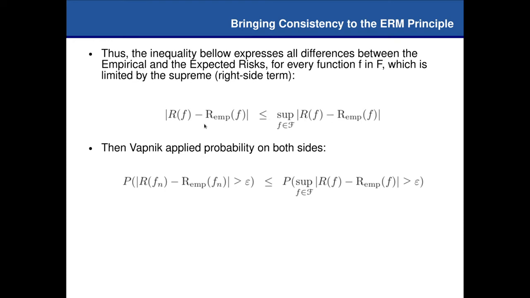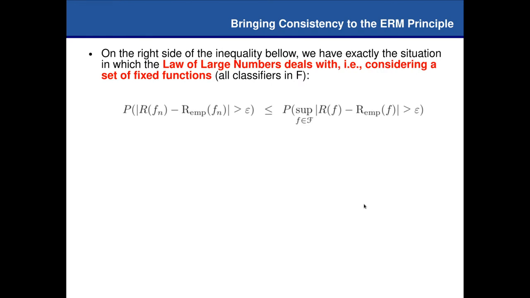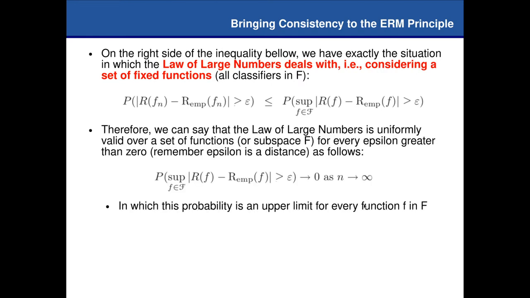Of course, when I apply probability on both sides over here, what I will have is the representation we have here. So I have the probability of this being greater than epsilon and the probability of the worst case scenario being greater than epsilon. In that particular formulation, Vapnik was worried about finding the solution for the worst case scenario. Why the worst case scenario? Again, the law of large numbers cannot be used if I don't specify a function, if I don't define which is going to be the function.